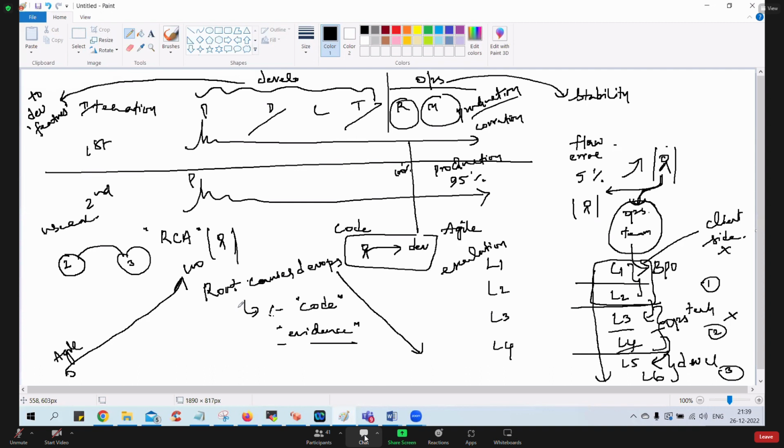By the time they do all these jungle things, are you expecting that the client will keep calm? Tell me, guys. Do you think the client will keep calm? No, that is one of the frustration points here.